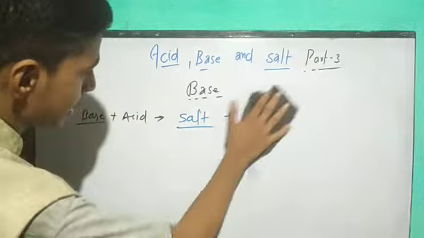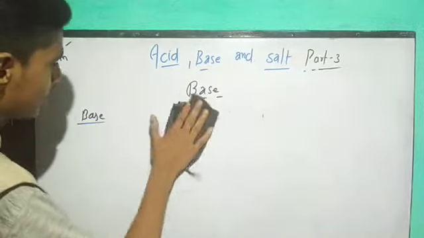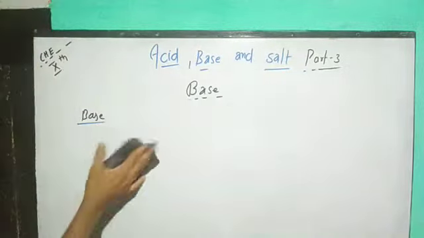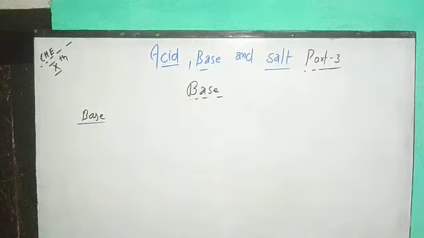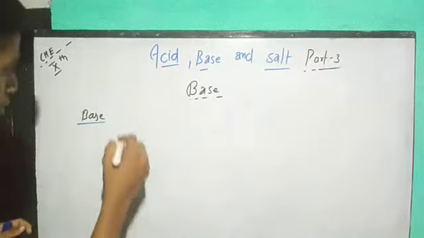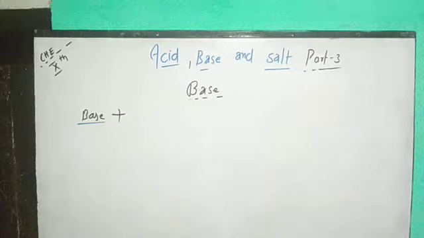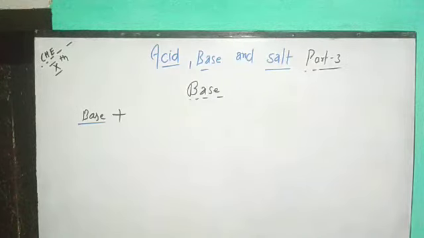Now we are going to react bases with another compound. So think which might be the reactant with which we are going to react. Suppose we take the same thing which we took in acids, that is, metal hydrogen carbonate and metal carbonate. So before that, we need to know something more about the non-metal oxide, because we will react bases with non-metal oxide.